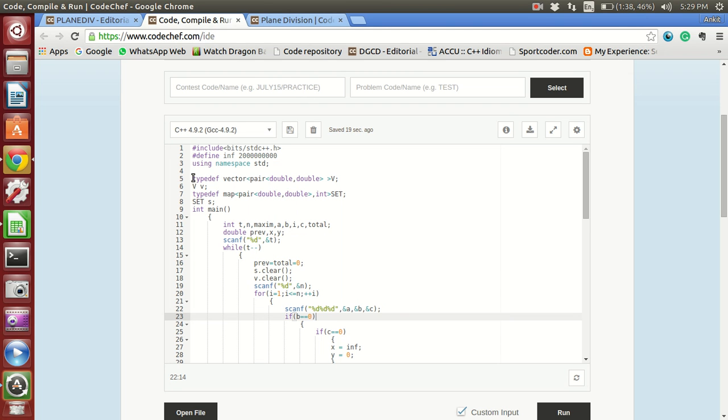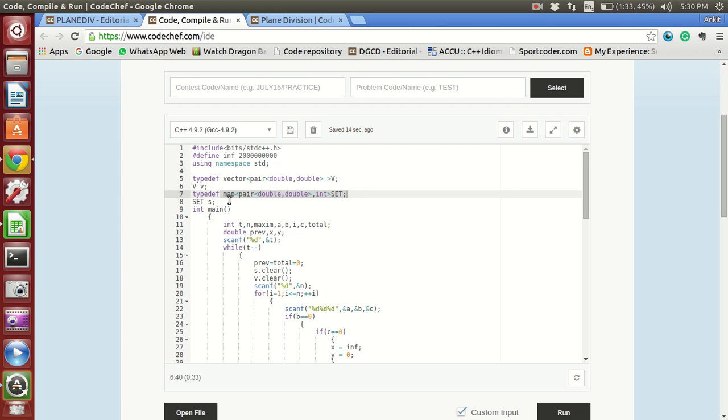We are declaring a typedef of a vector, which is something like a dynamic array whose size goes on increasing, but this time in the vector we are storing a pair, which can be used to pair two values. Pair is another STL library, vector is an STL library. Then we are creating a variable v.